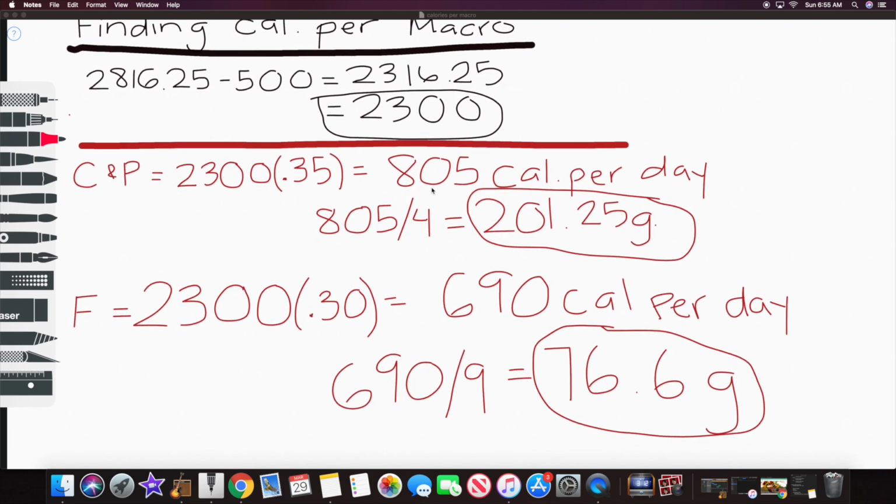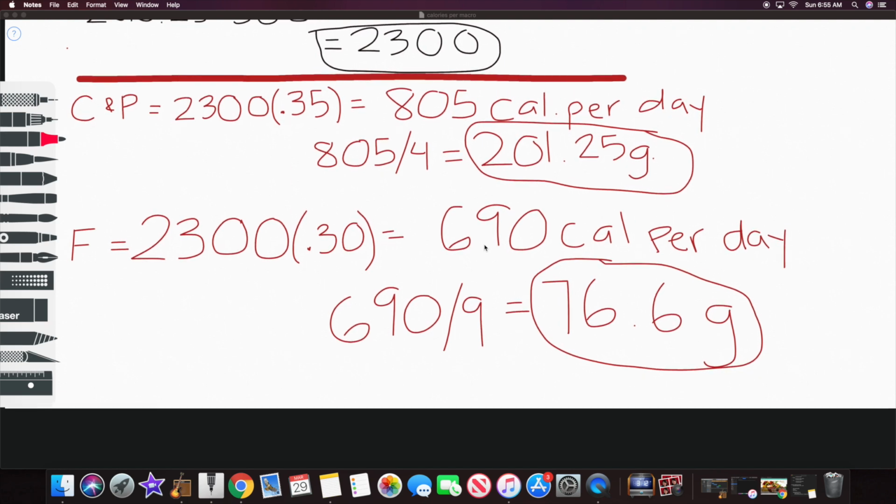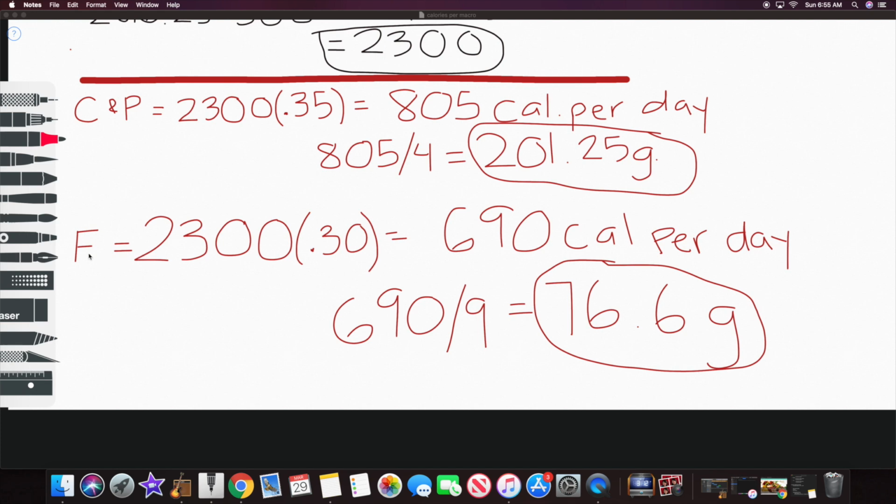Okay? Same equation, similar steps, to figure out my fat intake now. So 2,300 times 0.3 is going to give me 690 calories per day. So 690 calories are going to be coming from fats in my day, like peanut butter, nuts, oils, butter, and so on. Now to find the grams, I'm going to take 690 divided by 9 because it's 9 calories per gram.